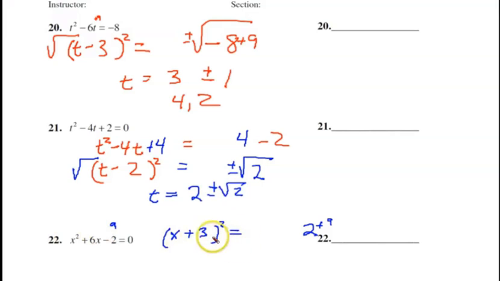I'm sort of skipping that step now. Now I take the square root of this, plus or minus that. That's going to be plus or minus the square root of 11. This comes over as a negative 3. And there are my two answers for number 22.